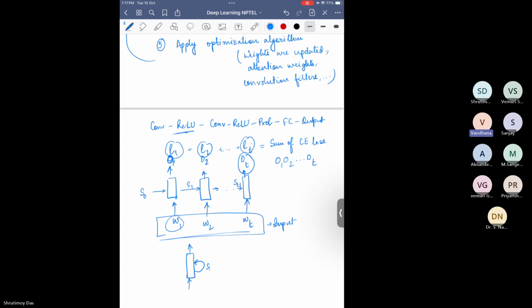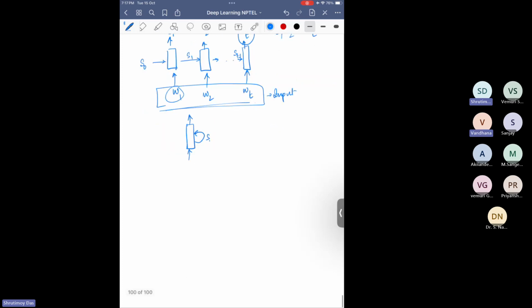And the output activation functions: for probability, it will be softmax, but for real value output, it can be linear or tanh. Then you don't have to do anything. We don't need tanh.